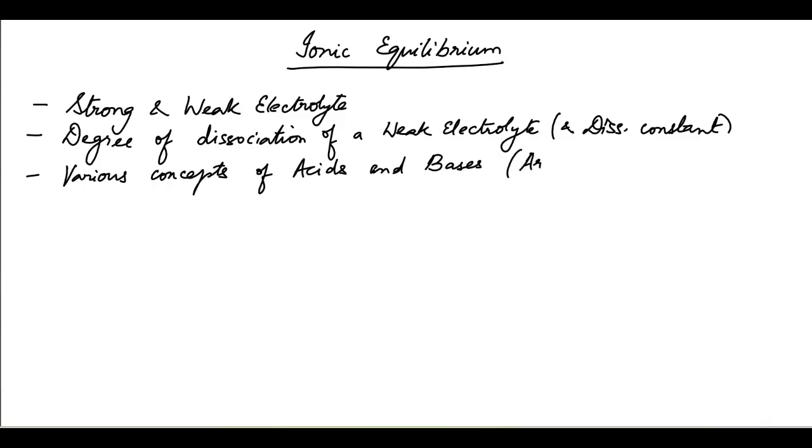So there are three concepts: Arrhenius, Bronsted-Lowry, and Lewis. We will understand these three concepts and how they are similar to an extent in identifying whether a substance is an acid or a base.